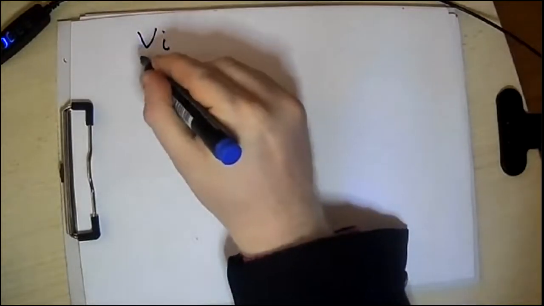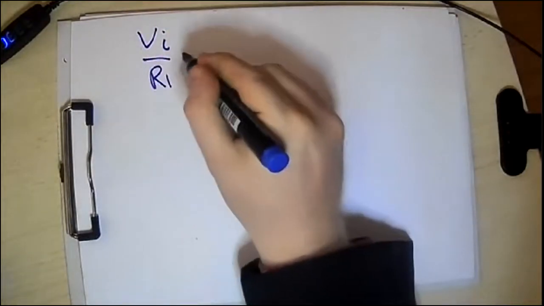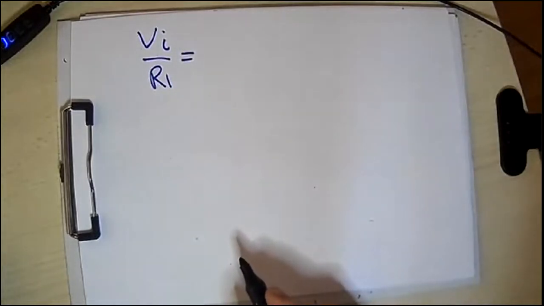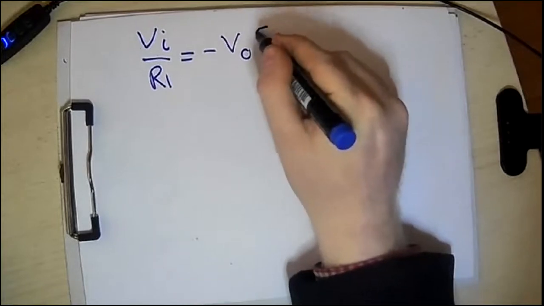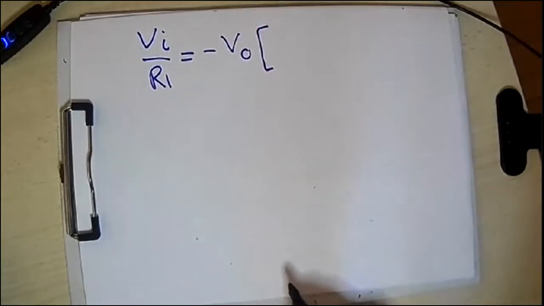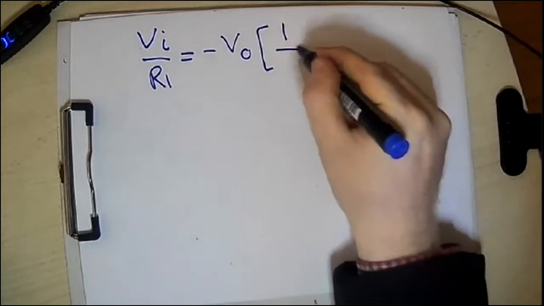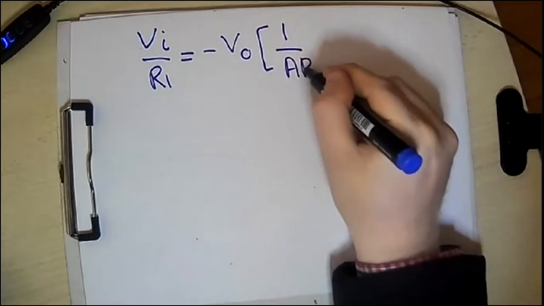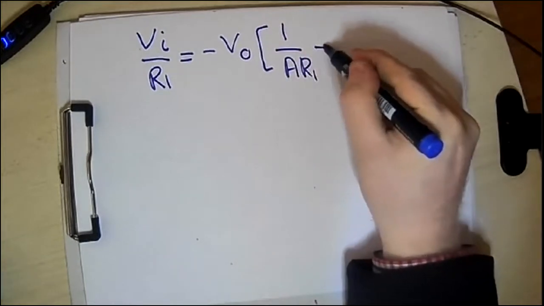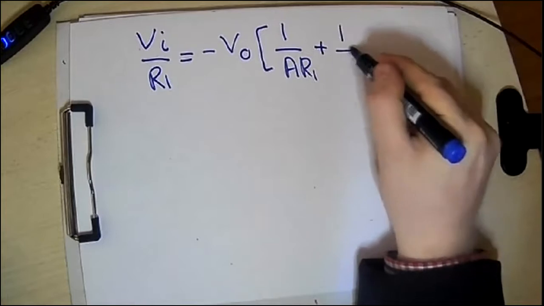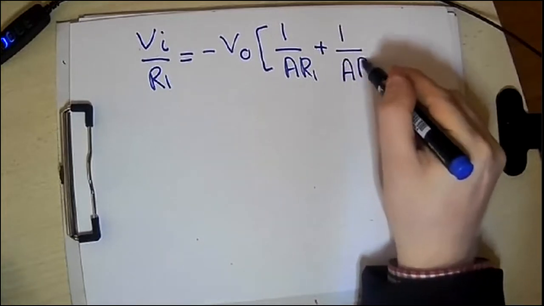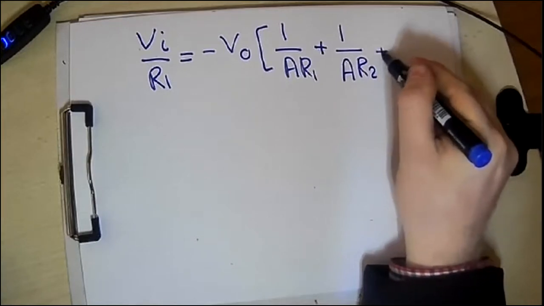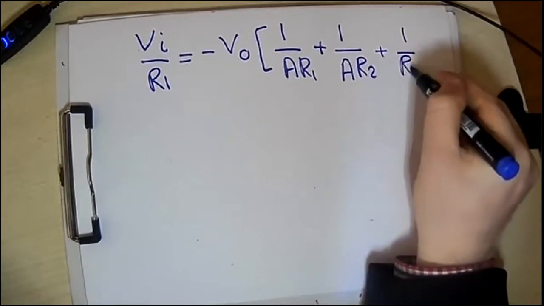What we can say is that V input over R1 equals negative V output, as a common factor, times 1 over AR1 plus 1 over AR2 plus 1 over R2.